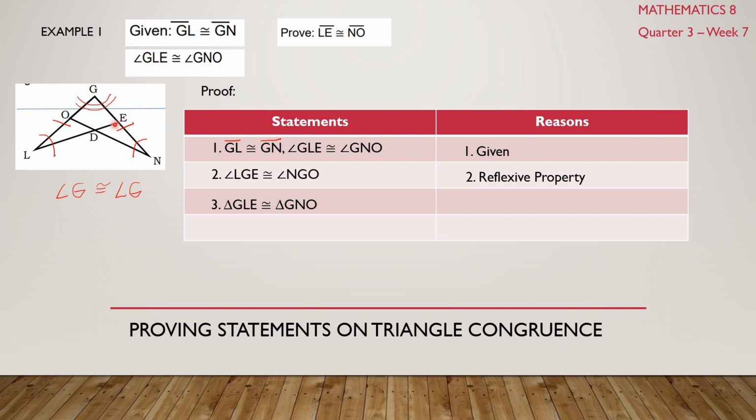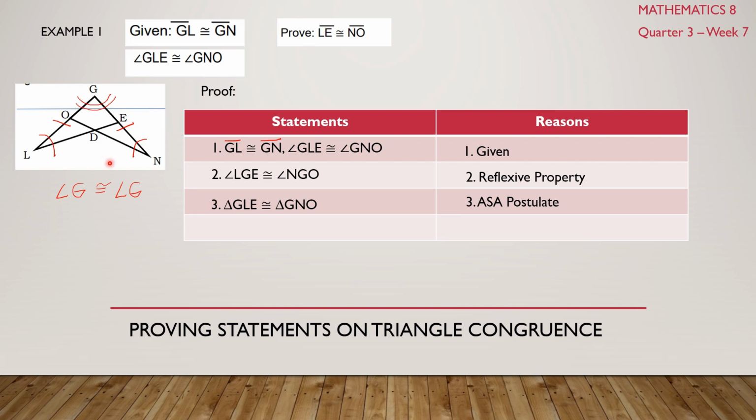So, what will be our reason there? We have congruent angles, congruent side, congruent angles. So, angle, side, angle. So, that is ASA postulate or angle-side-angle postulate.